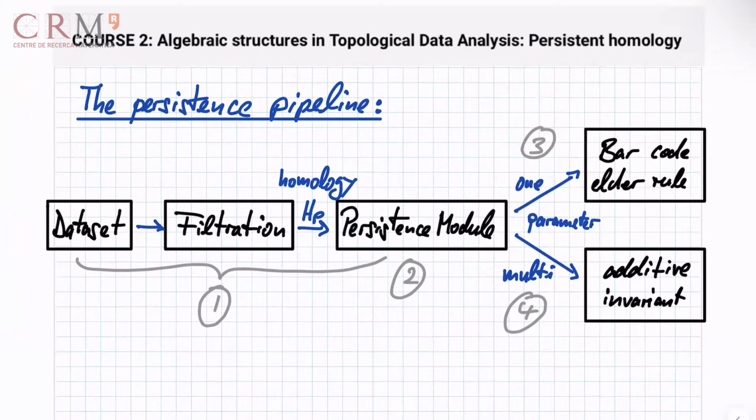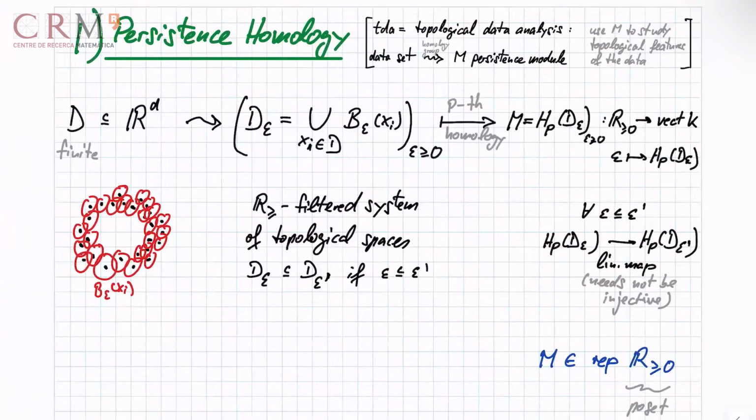So let's go to the first step, and there is this picture that we have seen already a couple of times. You start with some finite set of data in some d-dimensional vector space, and we want to analyze this using topological data analysis.